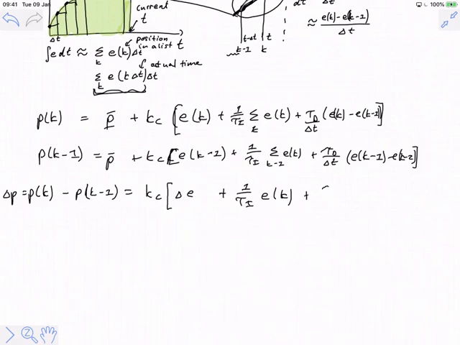Plus, and this is the part that people kind of struggle with, you end up with, if you look at how many of each thing you have, you still have an e_k. Yes, I'm sorry, guys. Of course, same delta T term from the approximation.